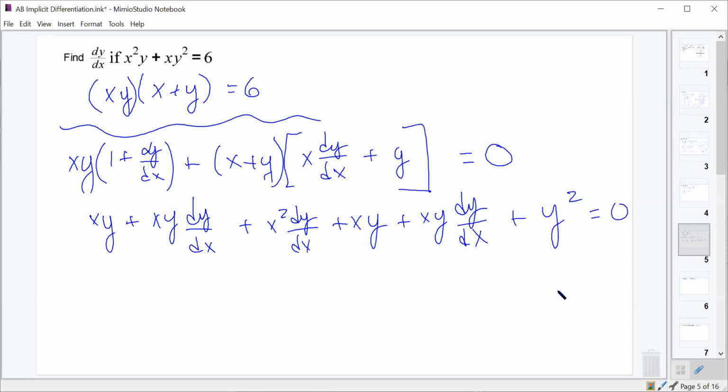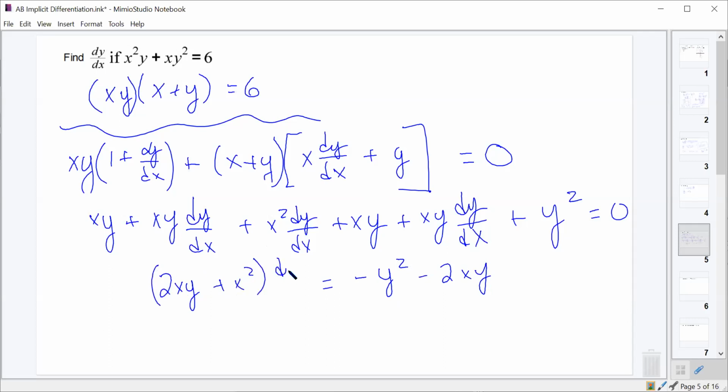All right. So now we just need to combine like terms and simplify. We can bring this y squared to the other side, so we're going to have a negative y squared. And how about the xy and the other xy? That's 2 xy's, and we can bring those to the other side, so minus 2xy. And then on this side, we have an xy and an xy dy dx, so that'll be 2xy, and then we have a plus x squared.